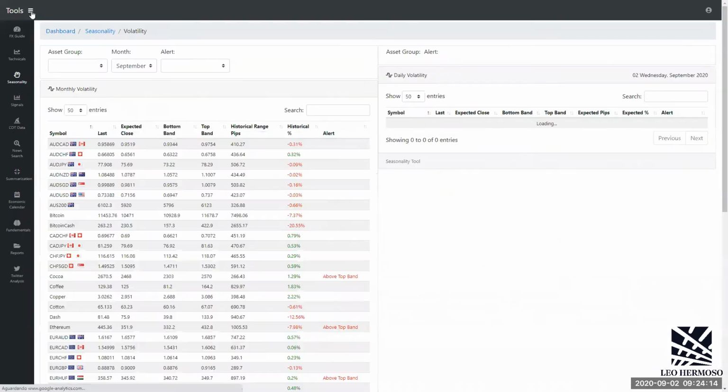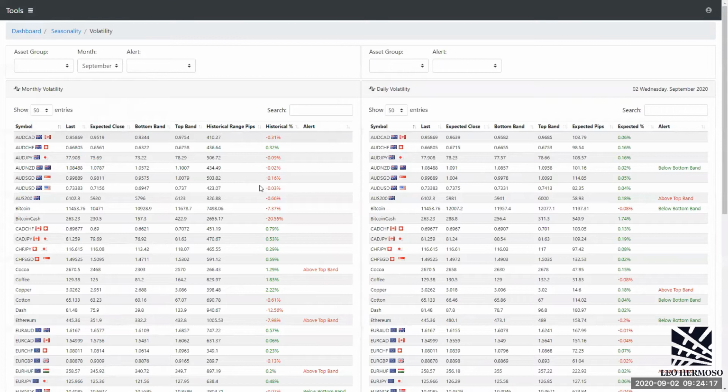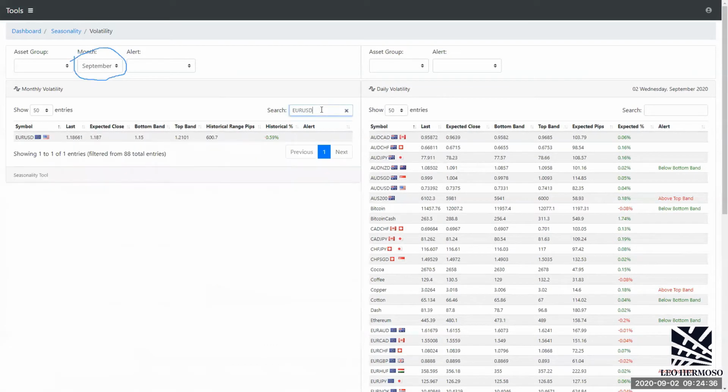So what this volatility table is telling us: basically, I have price data since 2000. For the month of September, and looking just at Euro USD, for example, I calculated how much on average Euro USD oscillates from low to high in the month of September since 2000.